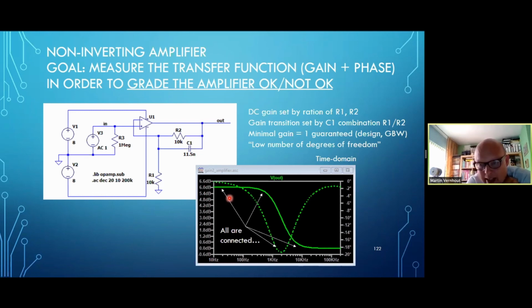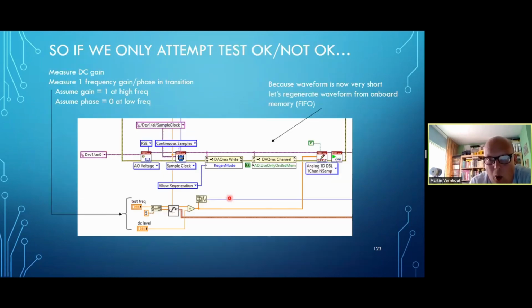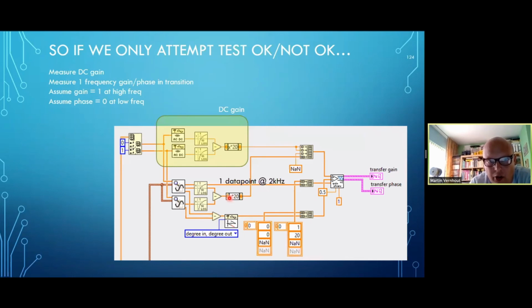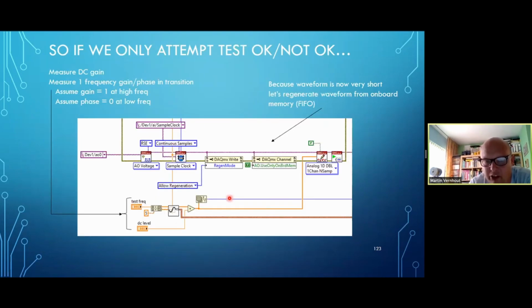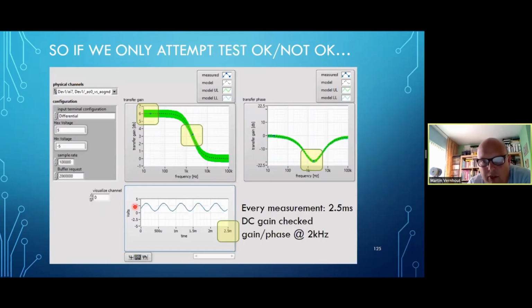And actually, it has a low number of degrees of freedom. So, why not do 1 frequency and a little bit of DC? If I just make my test a DC level plus 1 frequency in the transition in the Bode plot, this is my result.